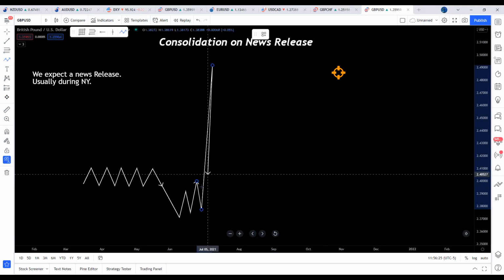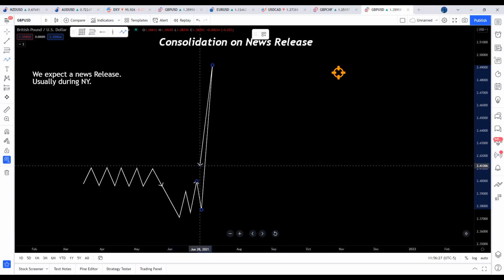Now from here, as soon as news hits, usually it hits around 8:30. Do you want to be finding reversals for these or not? What do you guys think? No reversal.